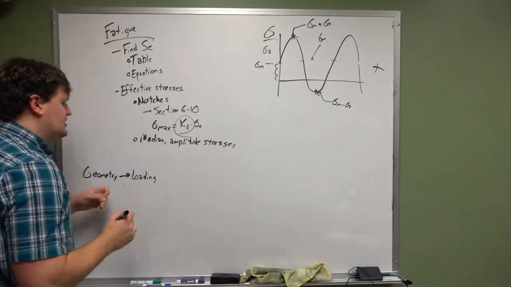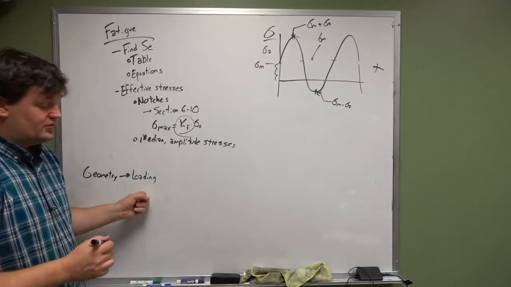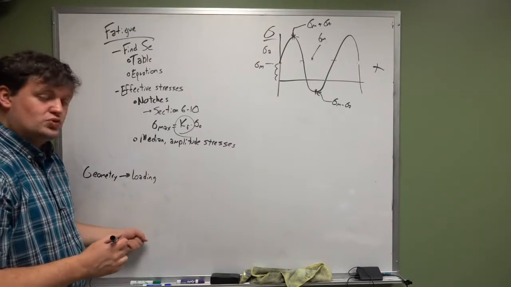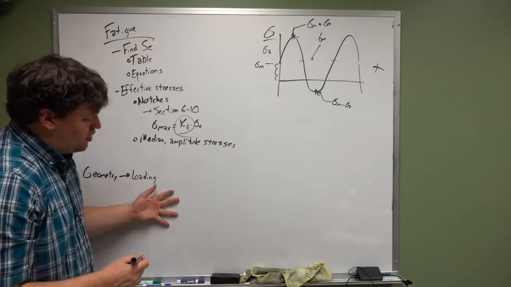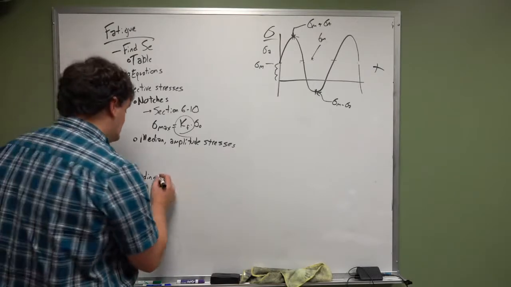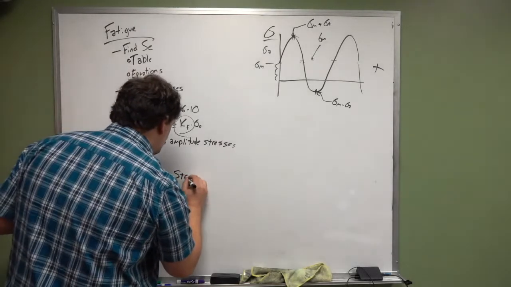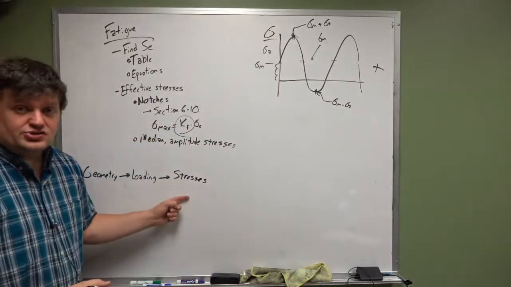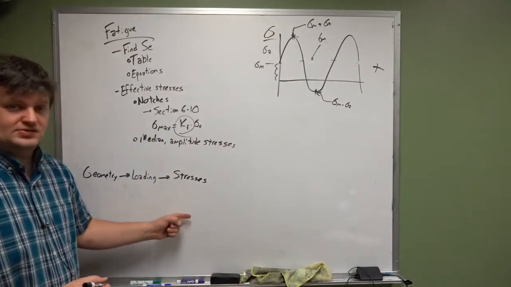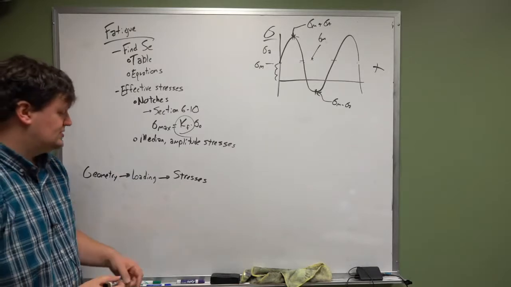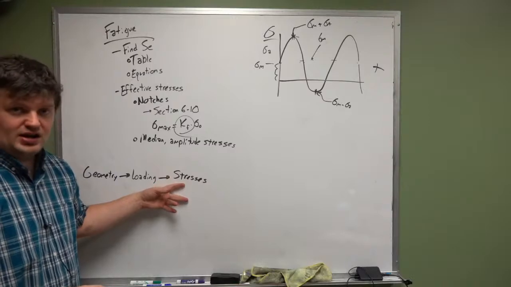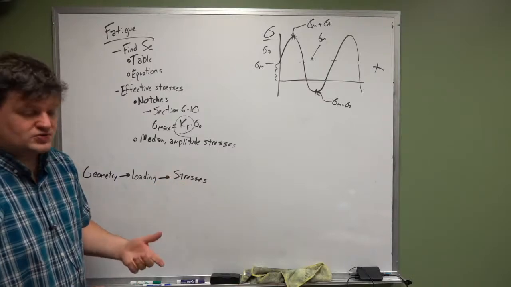From your loading, you come up with your normal forces, axial forces, shear forces, bending moments, and torsional moments. From that, all of those loading conditions go into determining stresses: your normal stresses, shear stresses, bending stresses, and torsional stresses, where your shear and torsional stresses are shear stresses, and your bending and normal stresses are normal stresses.